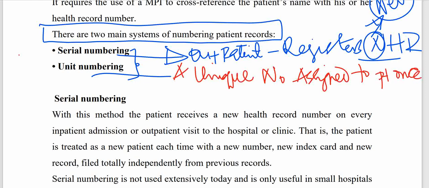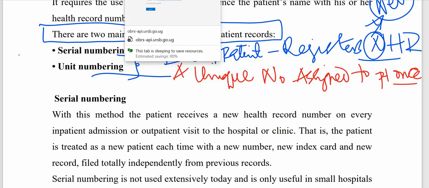We give them this number once, and this number will be kept to be used at every subsequent visit.